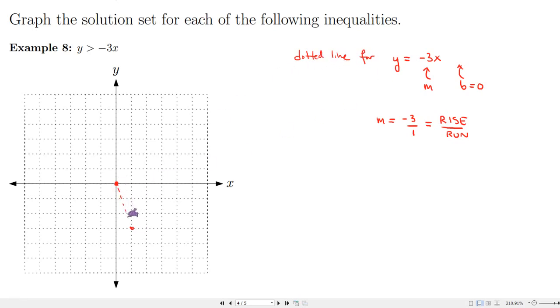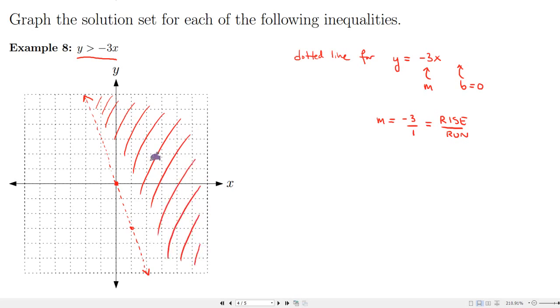So let's dot this line. Okay, and we want to consider y is strictly greater than negative 3x. So the shaded region is above this line. So that's going to be this shaded region here. All these y values are above that defining line, or boundary line.